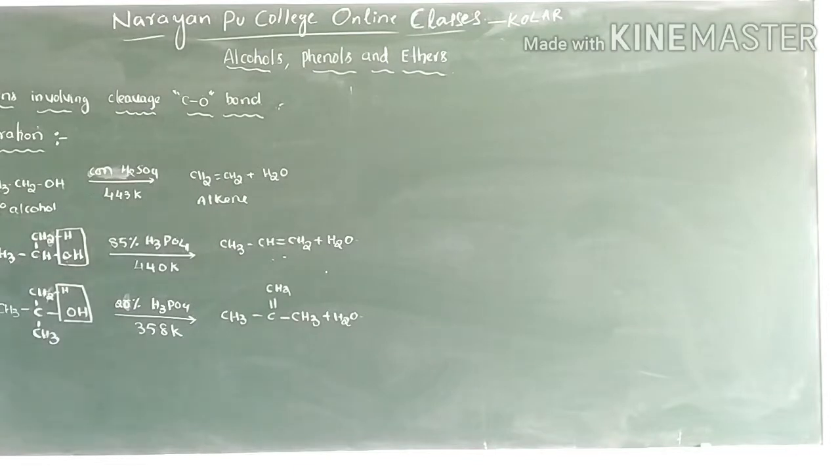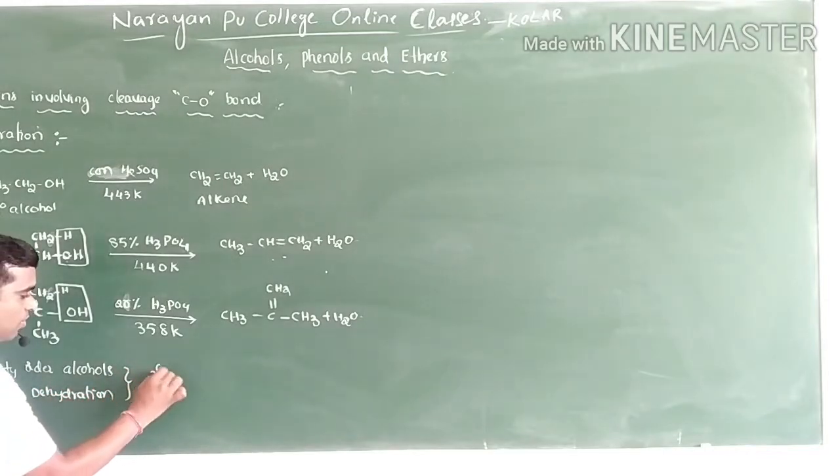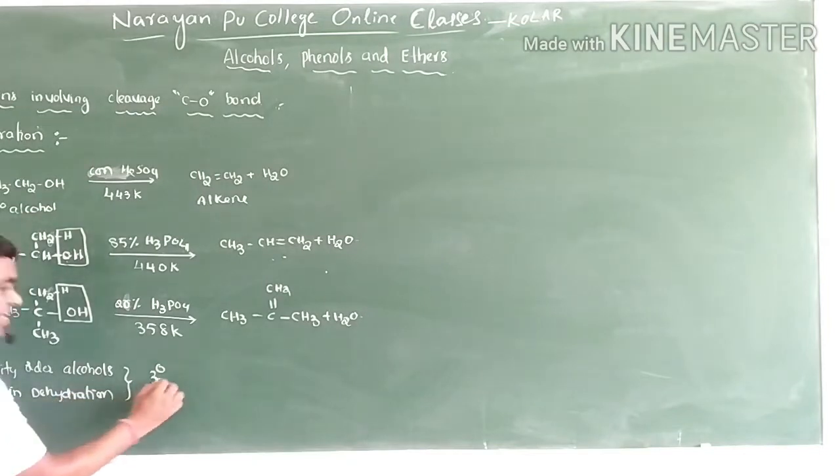Now you see, in this case also, which bond is breaking here? The C-O bond is breaking. So the reactivity order of alcohols in dehydration: which alcohol is most reactive in dehydration?